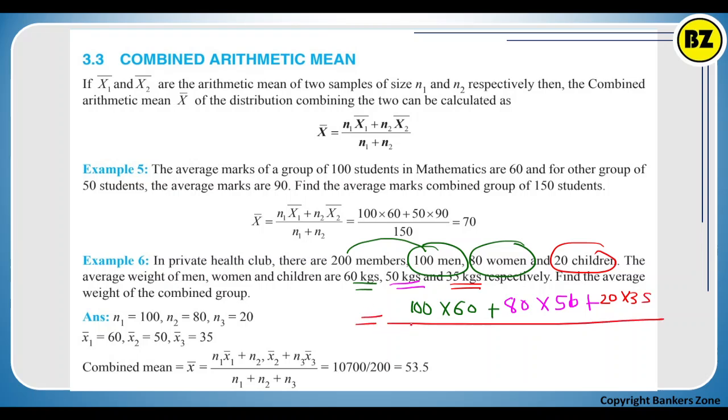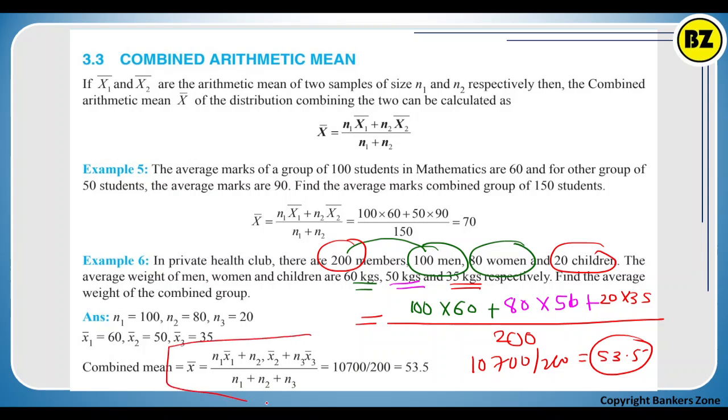Total how many members are there? 200 members. When you solve this, you get 10700 divided by 200, which is 53.5. Very simple. You don't even need to look into the formula; if you apply your 10th standard mathematics, you can easily find the mean, right?